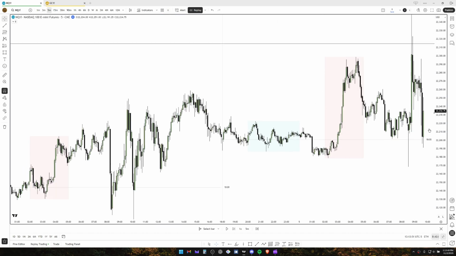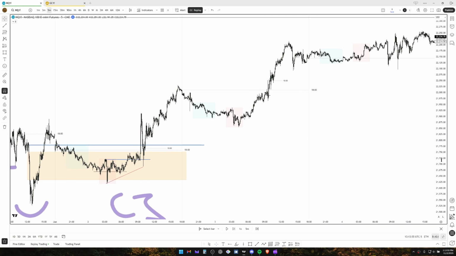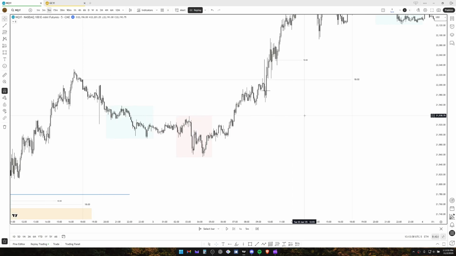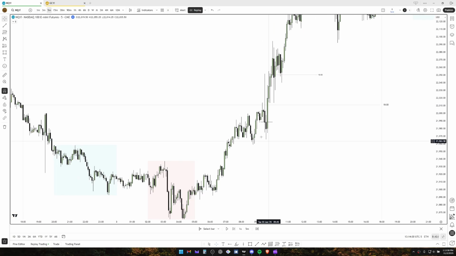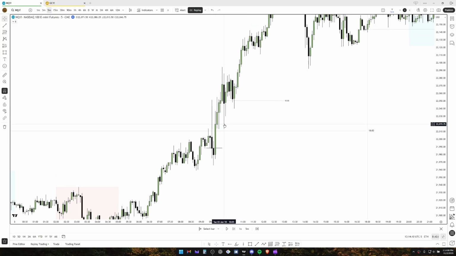Anyway, so we have an SMT. Let's look at the 5 minute here. The 5 minute is showing that swing right here inside the order block. Where's 10? 10 is over here. So 10 expanded down, and we're just continuing the narrative.